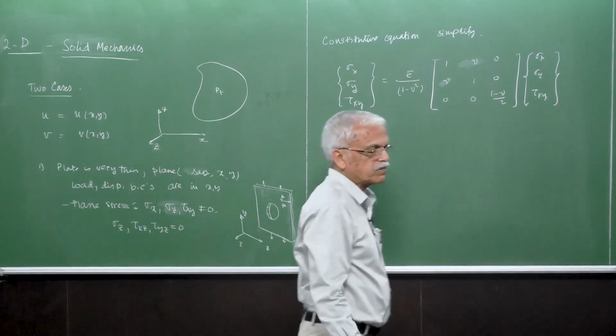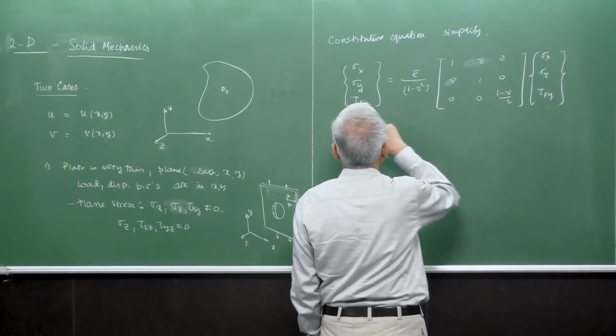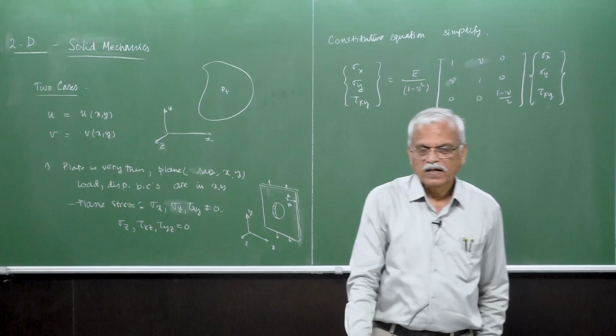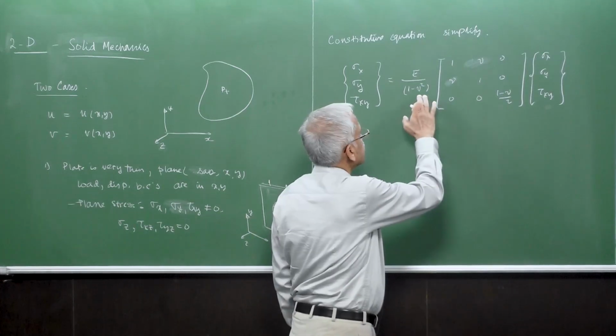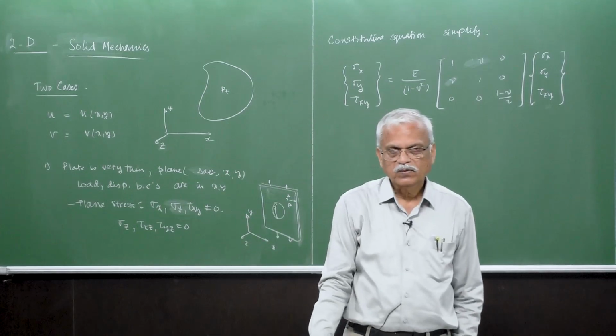The relationship between the 3 stresses, sigma x, sigma y, tau x y, and the 3 strains, epsilon x, epsilon y, gamma x y, are related by the material constants, Young's modulus E and Poisson's ratio nu.